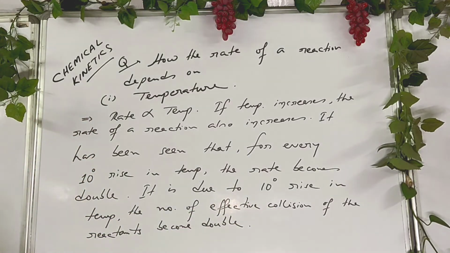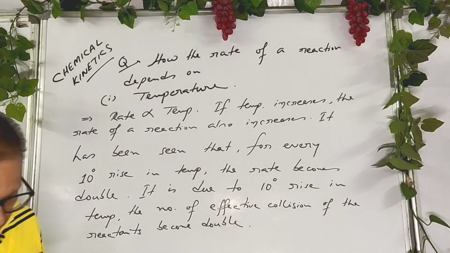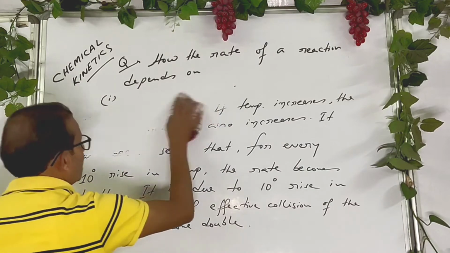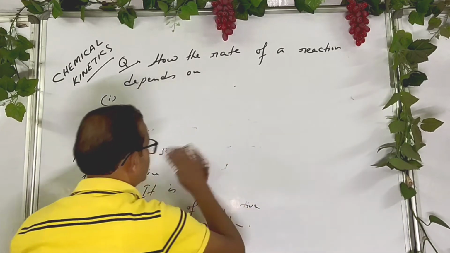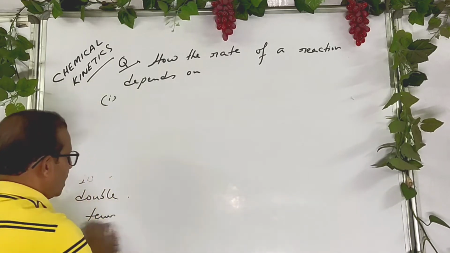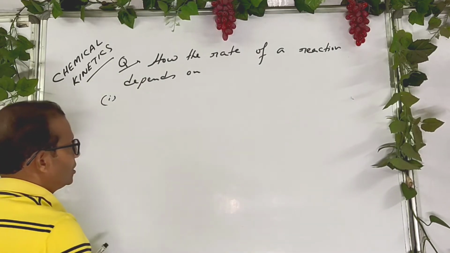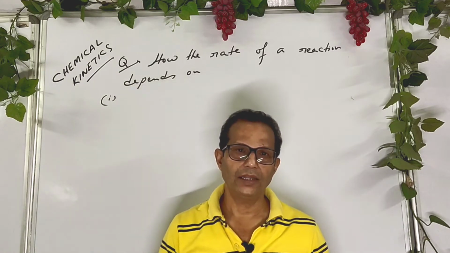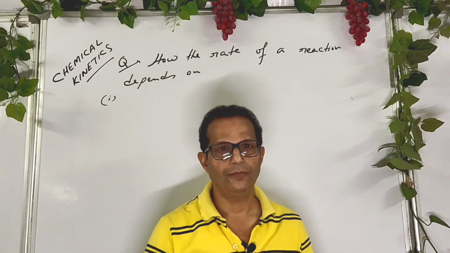Now the second question is how the rate of a reaction changes with catalyst. How the rate of a reaction depends on catalyst. You know that catalysts are the substances which take part in the reaction, but at the end there is no change of them.